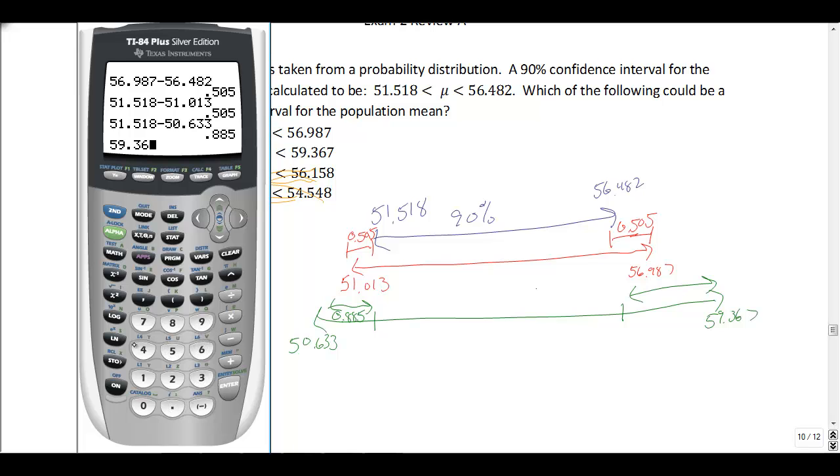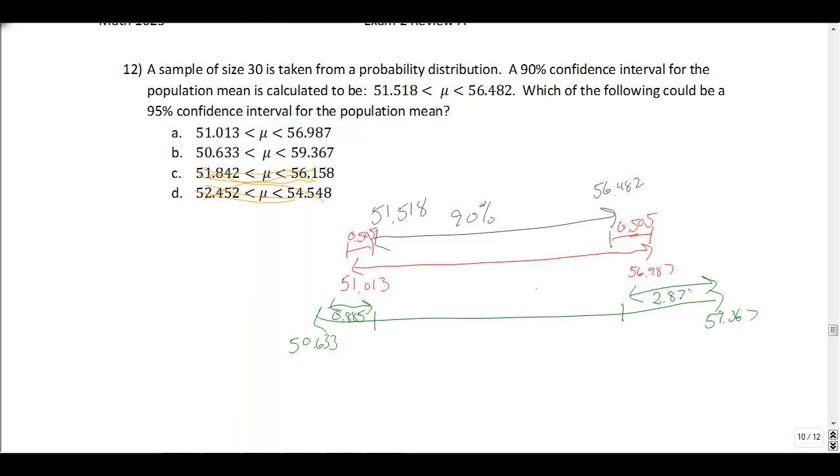I take 59.367 and subtract off 56.482, and that's more than 2, about 2.878. So I get a non-symmetric growth on both ends, which it has to be if I just increased the level of confidence. So I can't do this green one, so that one's not correct, and my answer should be A here.